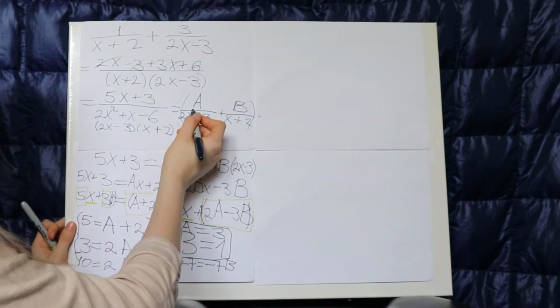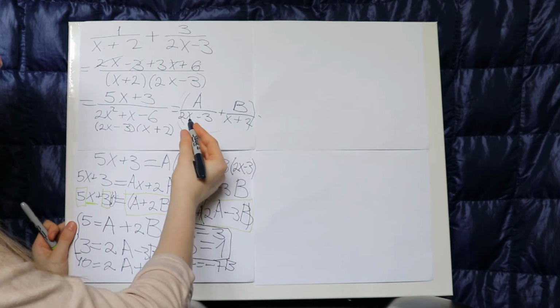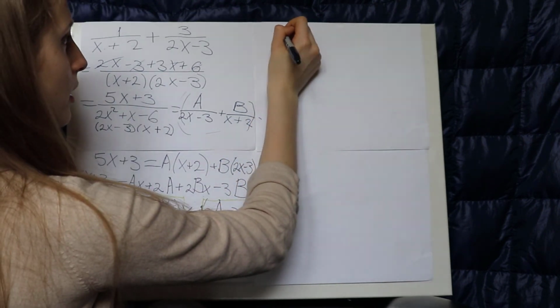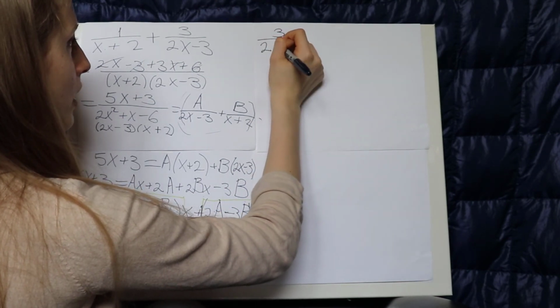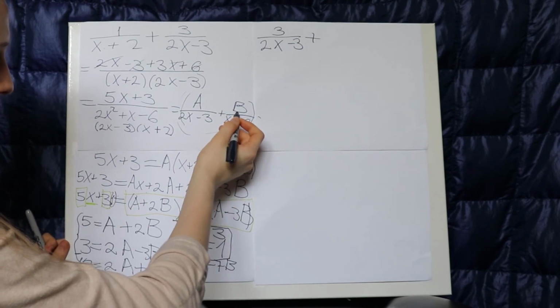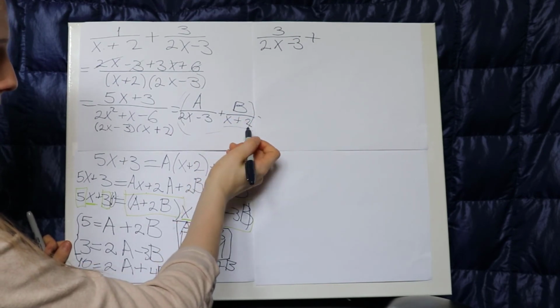What was our form? So we had a over 2x minus 3. So a is 3. 3 over 2x minus 3. And then plus, and we have b here over x plus 2.